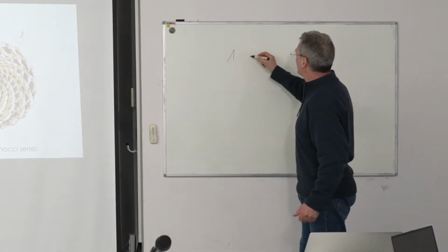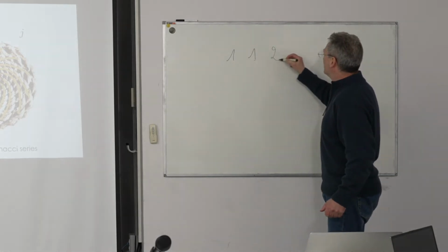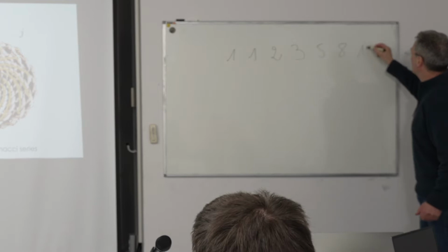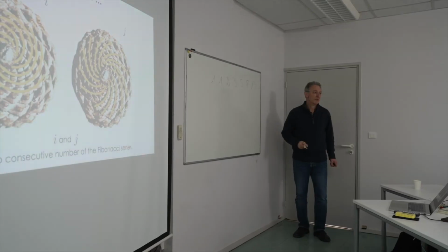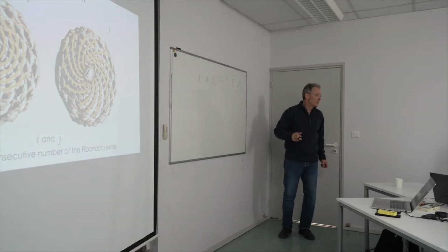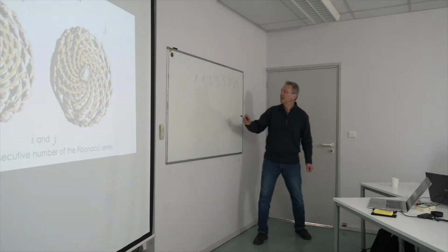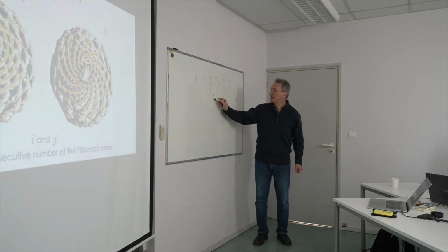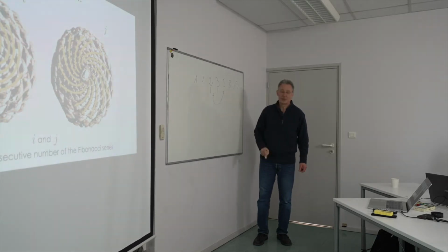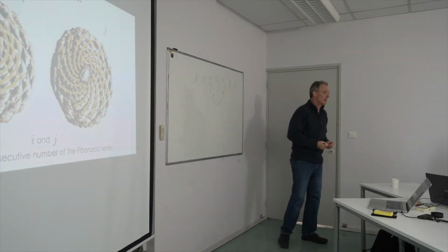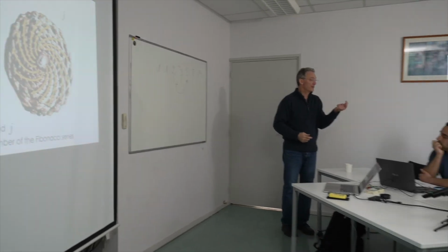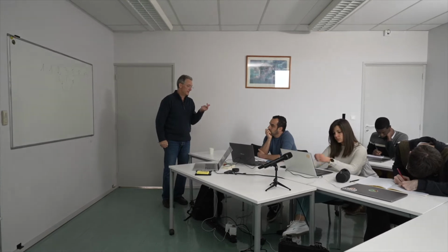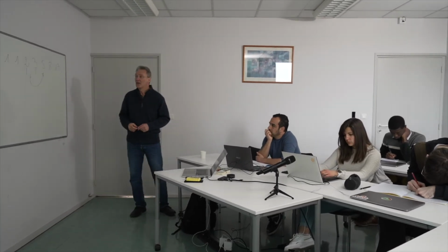It is the series that goes 1, 1, 2, 3, 5, 8, 13, etc. And what is particular in this series is that if you take two terms, you add them and you get the next one. So if I give you the two first terms, then you are able to develop all the series. Okay.